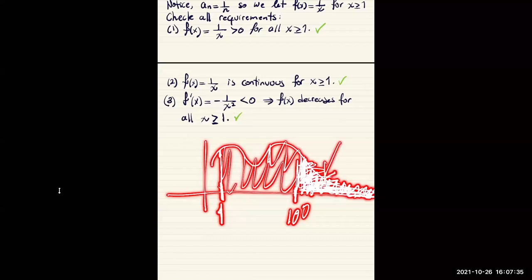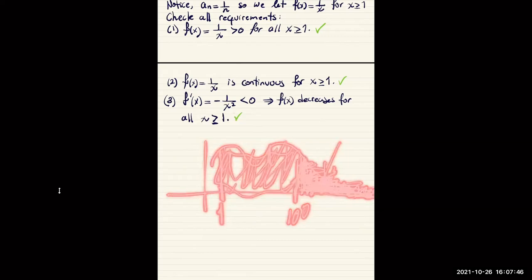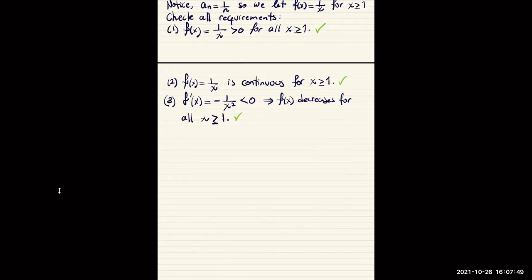If this area is infinite, then you have infinity plus some finite, which is still infinity. If this area is finite, then you have finite plus finite, it's still finite. So good question, but it doesn't matter.